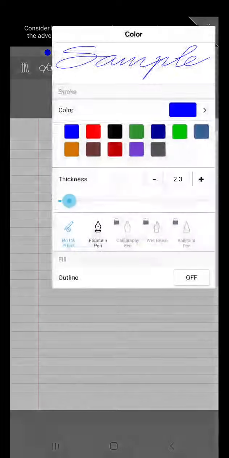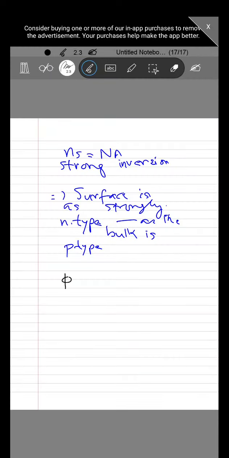And we can say that the surface potential will be equal to twice the built-in potential, and will be equal to 2 kT log of Na by Ni.